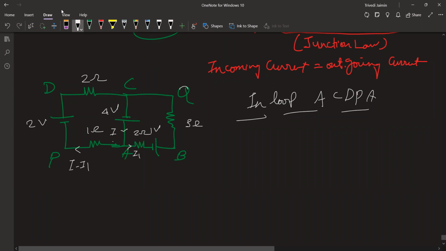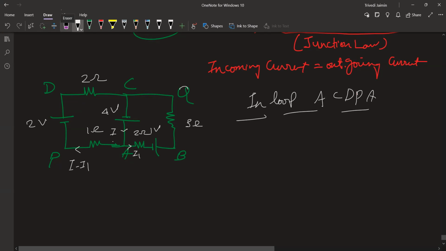So now, sign convention here. This is the loop.